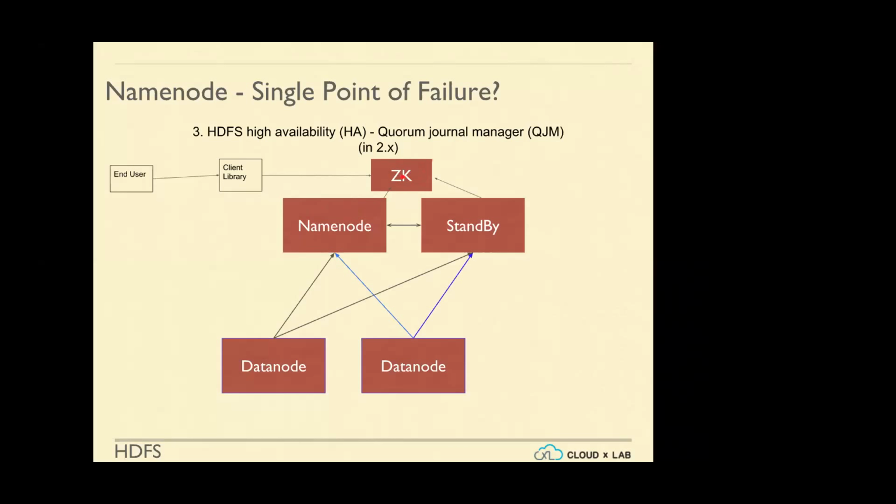And therefore the other name node, which is standby right now, will keep on checking ZooKeeper, and the moment it observes that there is no active name node, it will write its name in ZooKeeper by creating a Z node, and that's how the coordination between these two would happen. Both of them are kind of competing for that ephemeral Z node.